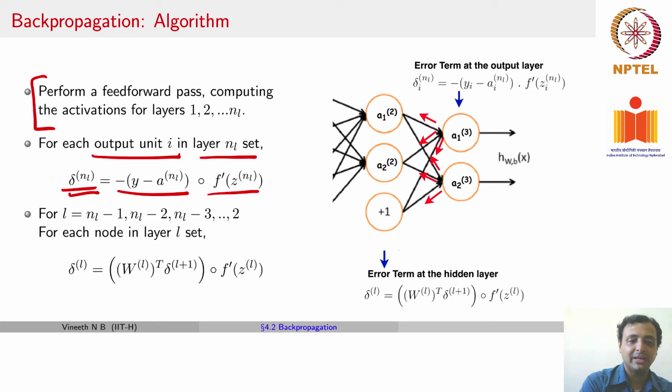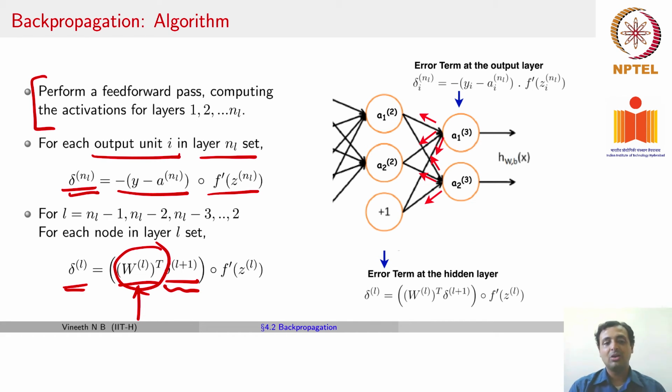And then for the previous layers, each delta^l can be written as W^l transpose times delta^{l+1}. Remember, now we have written this as a matrix, and that's why the summation disappeared. This W^l transpose matrix times this delta^{l+1} vector would give you the summation that we talked about on the earlier slide.